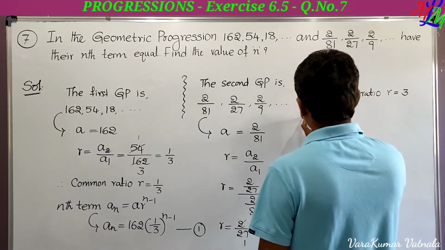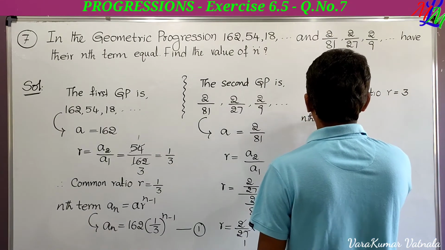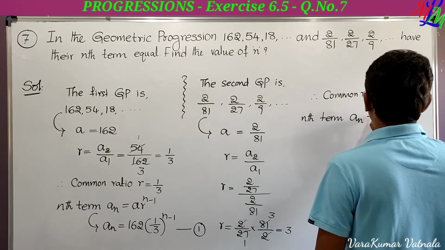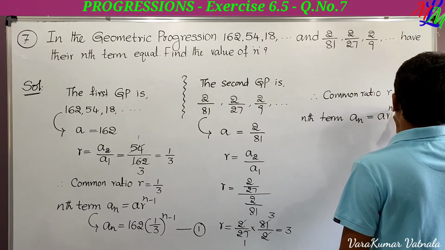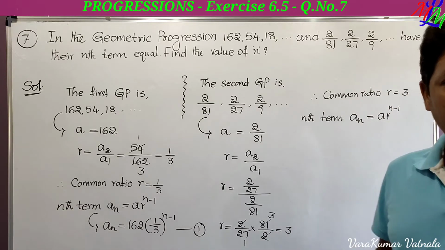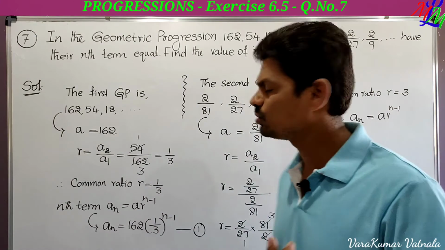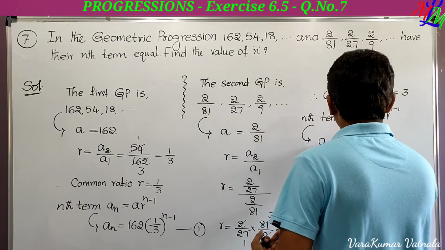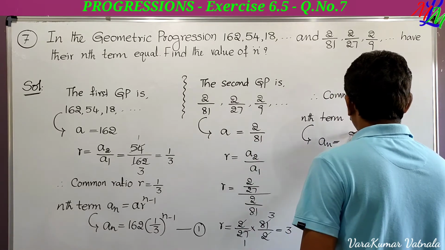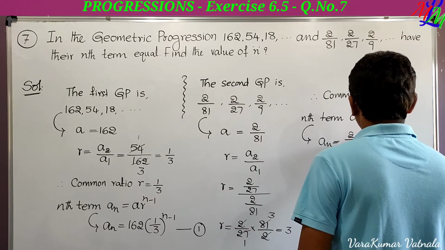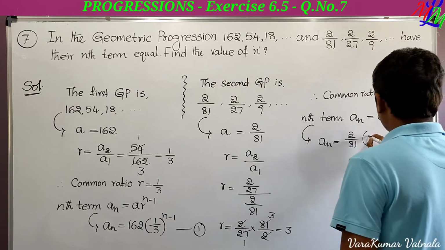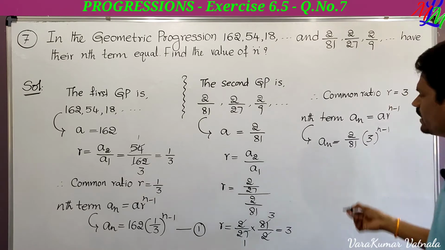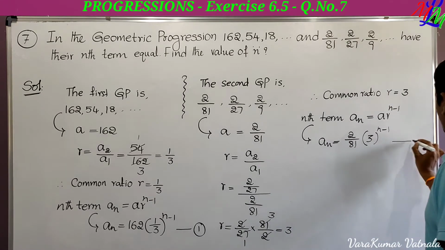Now we have the a and r values, so we can find the nth term. The nth term is again denoted by an. an is equal to a into r to the power n minus 1. We just have to substitute in the formula. The a value is 2 by 81 into the r value 3, so 3 to the power n minus 1. That is, an is equal to 2 by 81 into 3 to the power n minus 1.